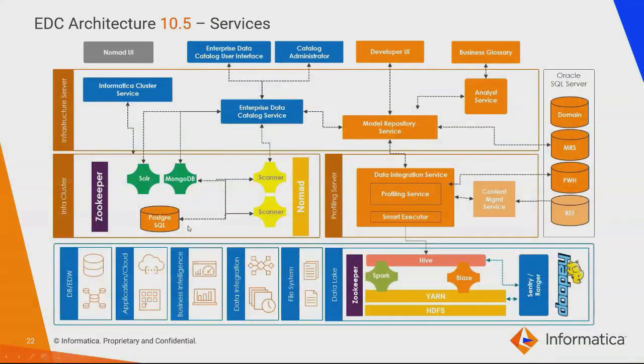So as you can see, we are now deploying not only Zookeeper and Solr, but we also add MongoDB, Nomad, and PostgreSQL. The scanners will be run through Nomad and distributed across the various nodes of your cluster.